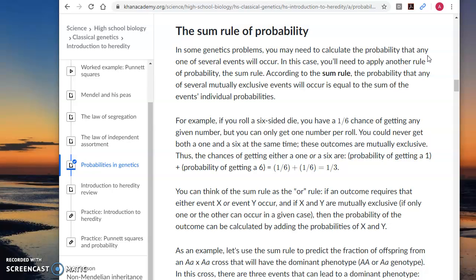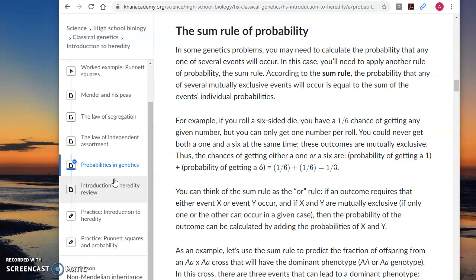So the example they give here is if you roll a 6-sided die, you have a 1 in 6 chance of getting any given number, but you can only get one number per roll. You could never get both a 1 and a 6 at the same time. These outcomes are mutually exclusive, so you can only get one or the other, and thus this is called the OR rule, one or the other.